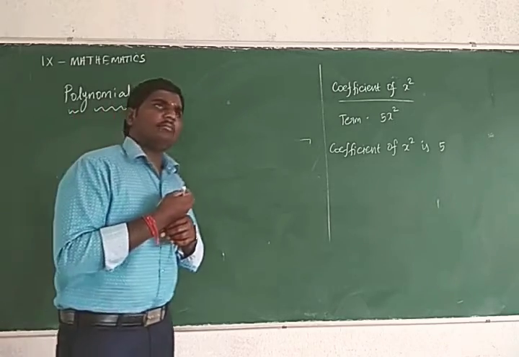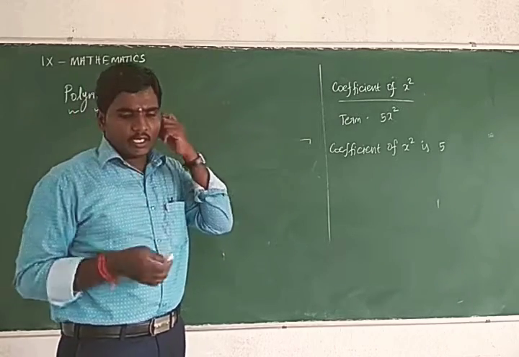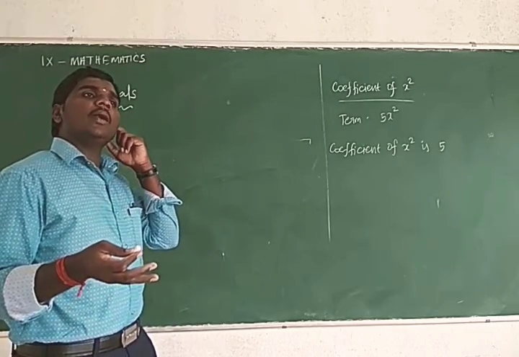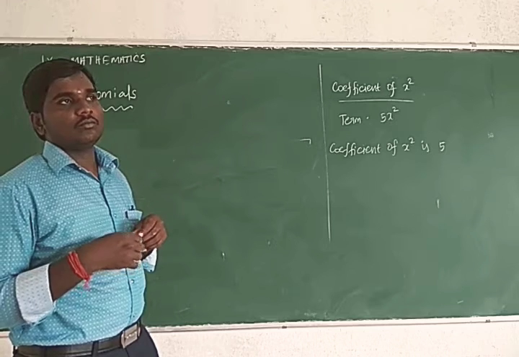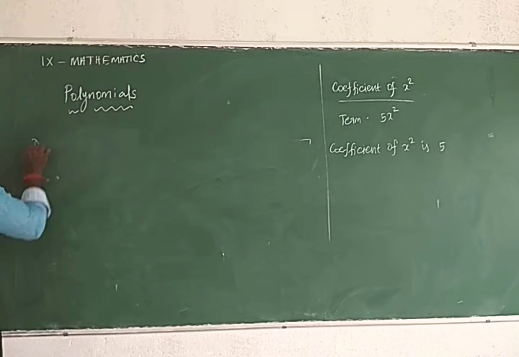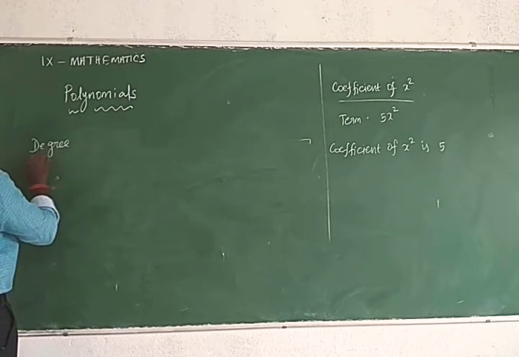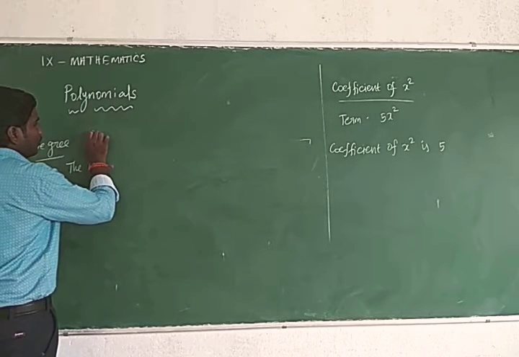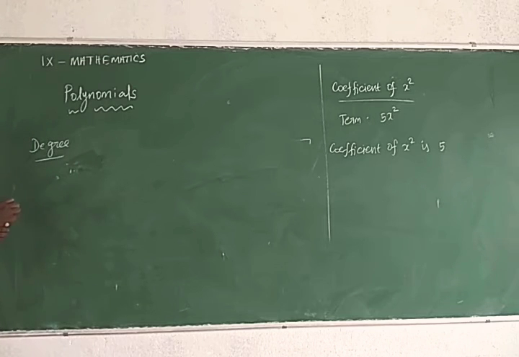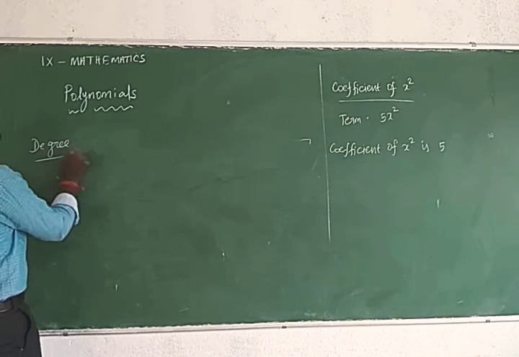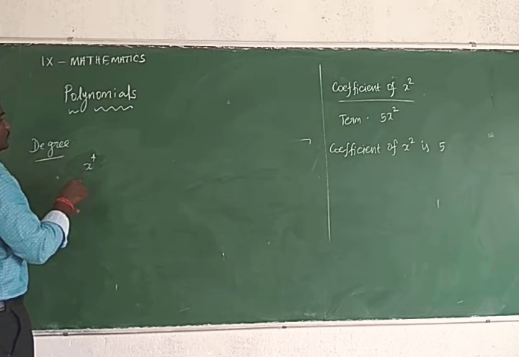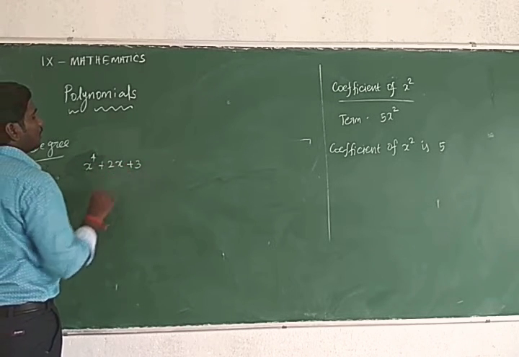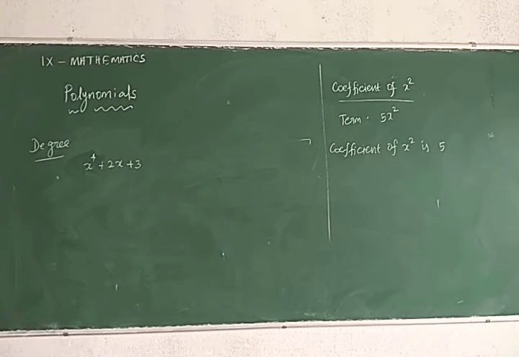According to degree, we can classify them. What is a degree? Before finding the types of polynomial, what is a degree? The highest power. Take x power 4 plus 2x plus 3. It is one polynomial.